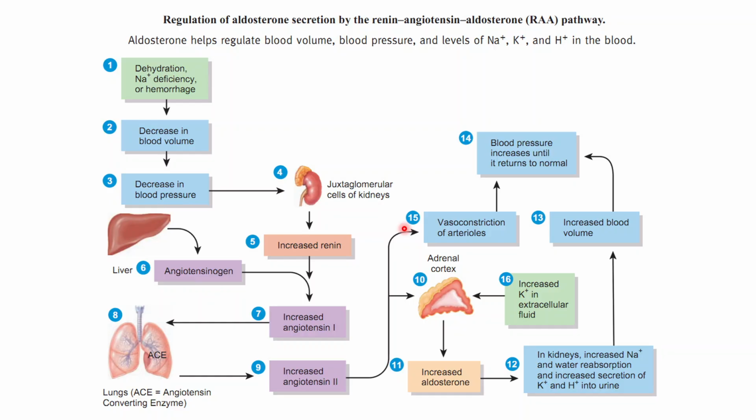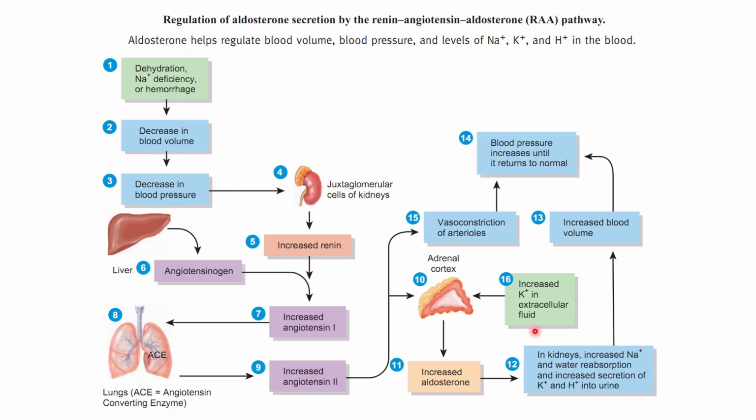And then it stimulates the adrenal cortex, which secretes aldosterone. That acts on the distal nephron to increase sodium and water reabsorption, and it promotes potassium excretion and hydrogen, H plus, secretion. So that expands the blood volume quite a bit.